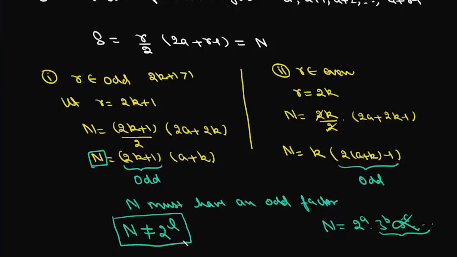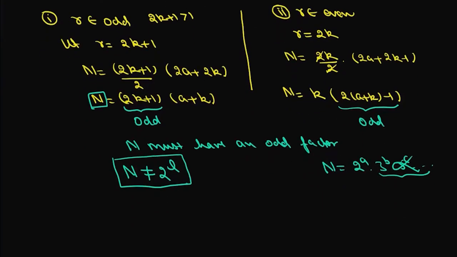Now if it is not of the form 2 to the power l and it has at least one odd factor, we can express this n as 2 to the power l into m, where m is an odd number and m is greater than 1.